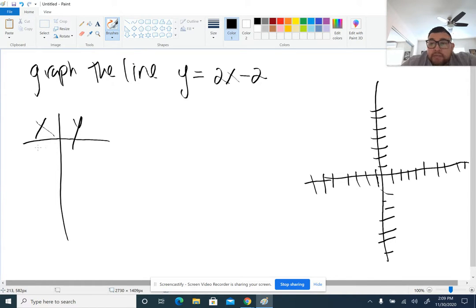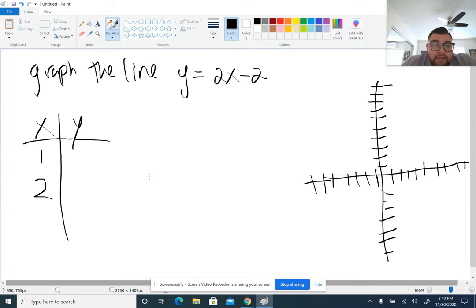It doesn't matter which numbers you choose, but you don't want to choose big numbers because you might get big y values, and if your graph is small, you won't be able to graph them on that graph. So again, I recommend choosing 1 and 2. You can use any x value you want, but my recommendation is to choose 1 and 2.